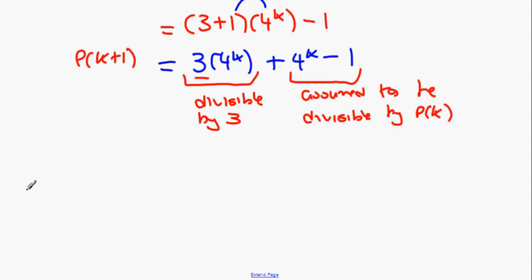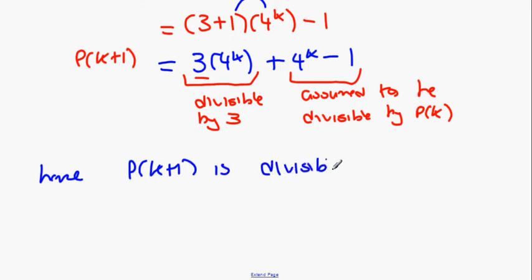So what we can say is, hence, P of k plus 1 is divisible by 3 if P of k is divisible by 3.